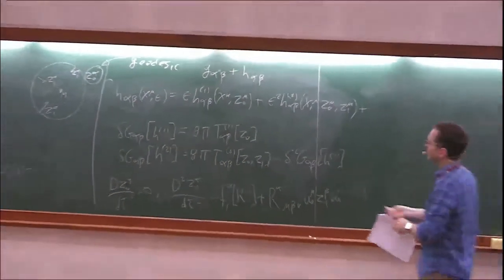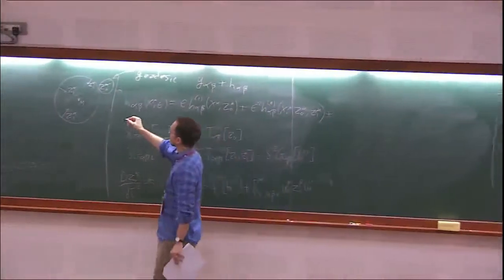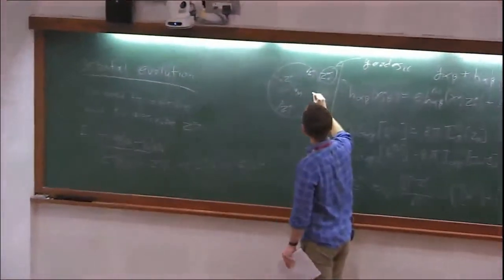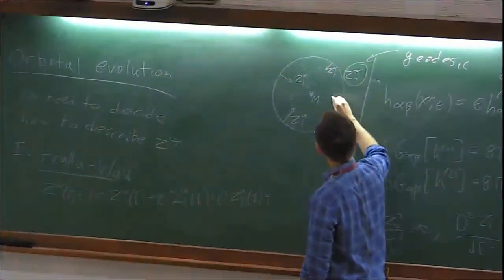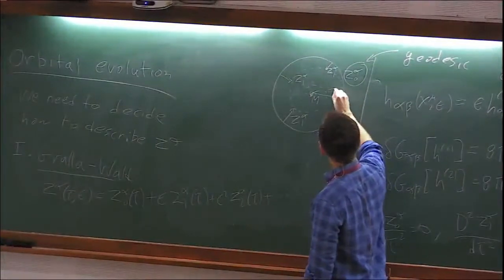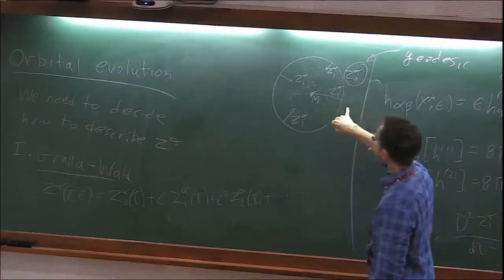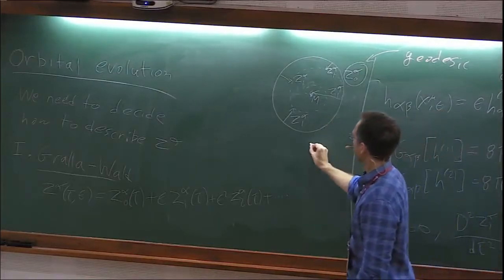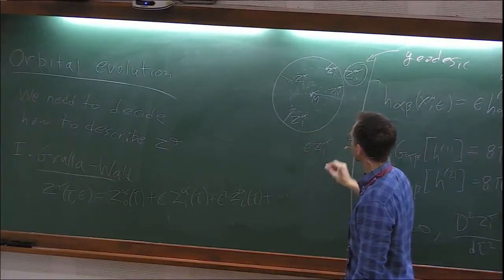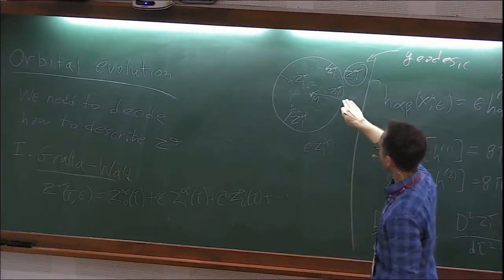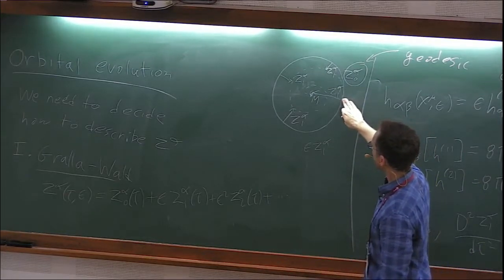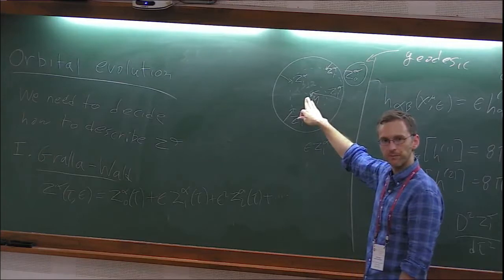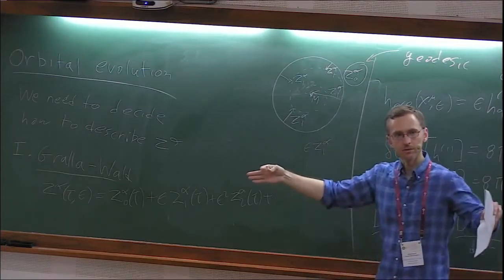The problem is, you can see from this picture that eventually Z1 is getting huge. Z1, or epsilon times Z1, has to point from the initial geodesic all the way inside the black hole, which is an order 1 distance.